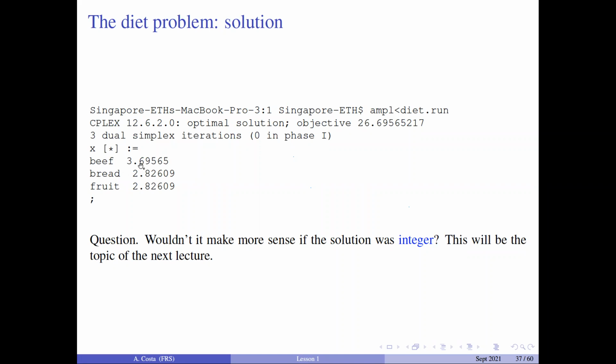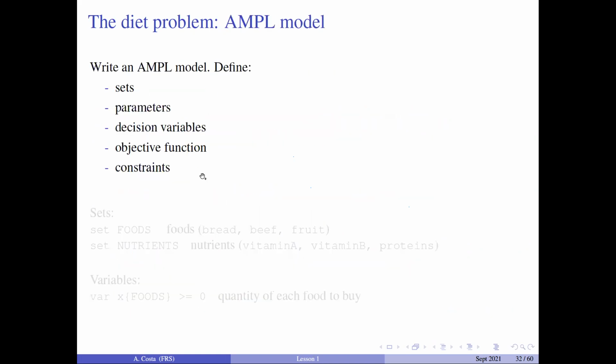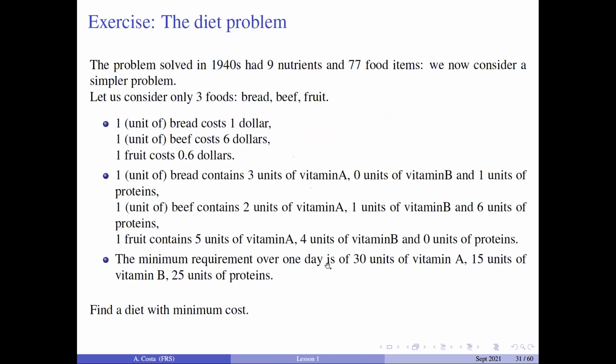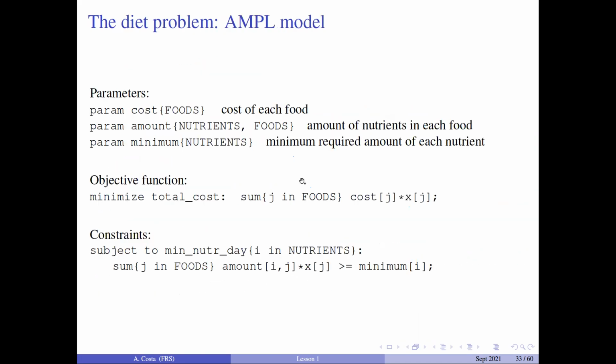So 3.69 units of beef, 2.83 units of bread, and 2.82 units of fruit. Okay, so when you buy these, you minimize the cost, and you can guarantee that you have the requirement of 30 units of vitamin A, 15 of vitamin B, and 25 of proteins.